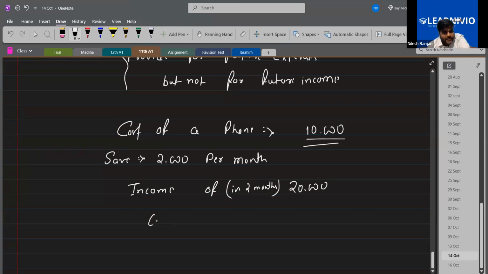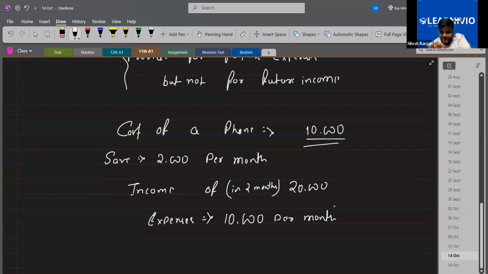So you will make sure that this 20,000 will be used before receiving it, meaning you will do 10,000 per month of expenses before receiving it. Yes or no? Actually, there can be a confusion, so I'm saying it in Hindi. If you know that you will receive 20,000 rupees after 2 months, then before receiving it, every month you will spend 10,000 rupees, by taking a loan or some other way, so that when that money arrives it can be utilized here.